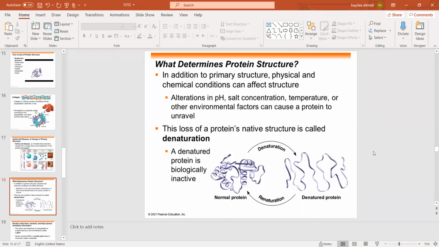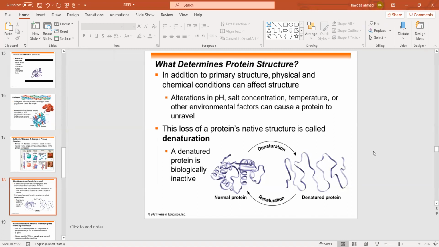You've learned that a unique shape endows each protein with a specific function, but what determines protein structure? You already know that a polypeptide chain of a given amino acid sequence can be arranged into a three-dimensional shape, determined by interactions responsible for secondary and tertiary structure. However, protein structure also depends on the physical and chemical conditions of the protein's environment.